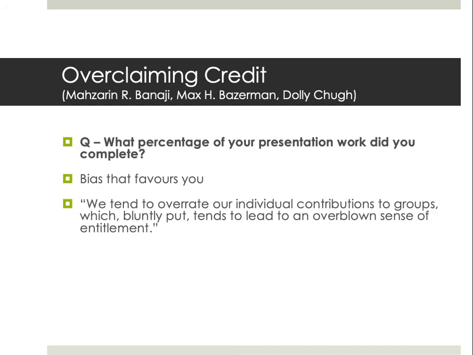That actually means that you are overrating what you did. But if you overrate what you did, that underrates what your partners did. So in reality, we tend to overrate our individual contributions to groups, which, bluntly put, tends to lead to an overblown sense of entitlement.